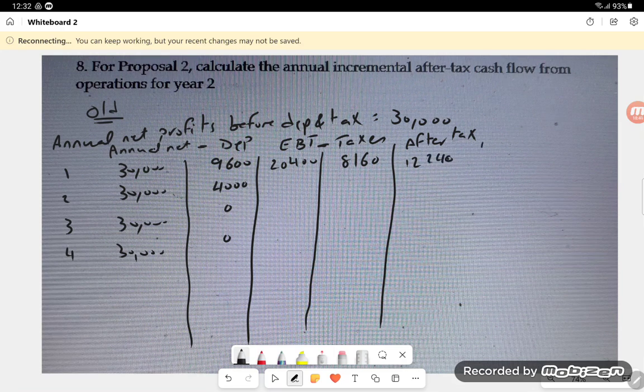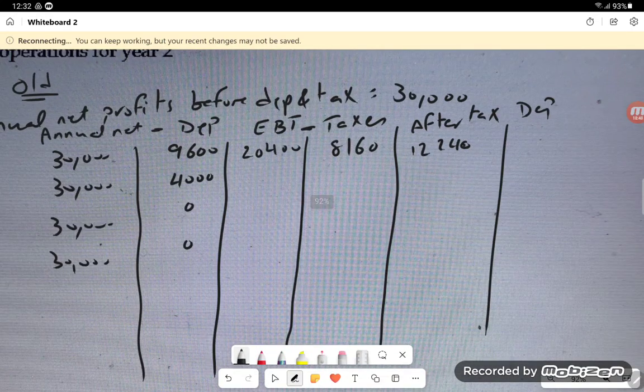But as we said before, that we have to add depreciation, as this is after tax and depreciation, but we would like to find the after tax alone.